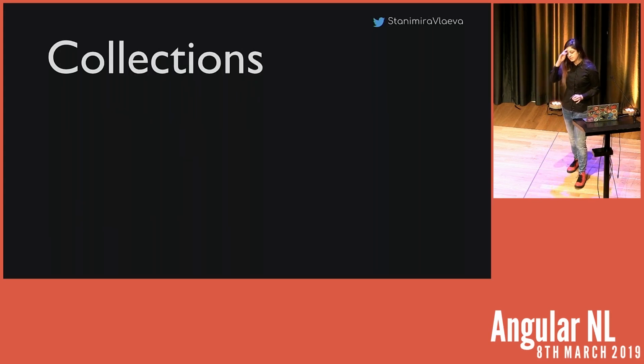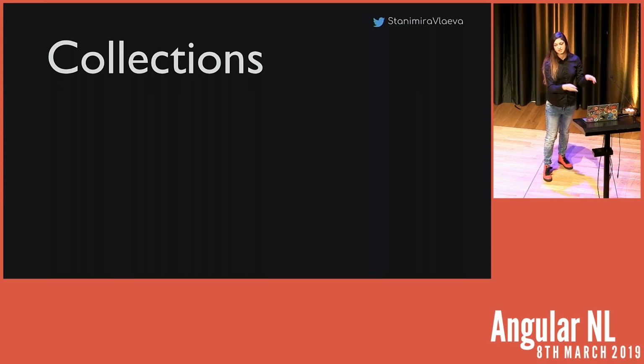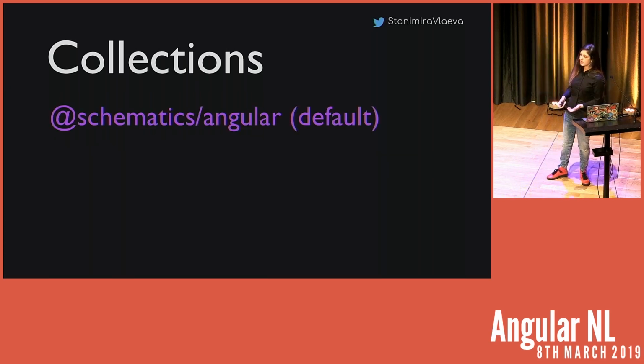All right, another thing. What are the schematic collections? So a schematic collection is a package that provides different setup scripts, let's call them like that. The default one that the Angular CLI uses is @schematics/angular. And different setup scripts inside it are the script for generating a component, script for generating a service, an Angular module, and so on and so on.